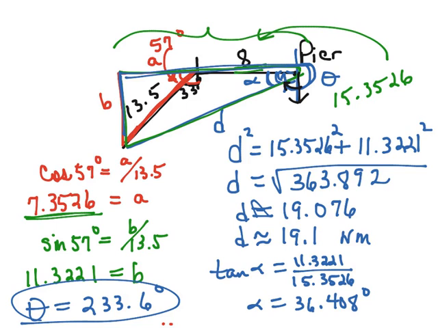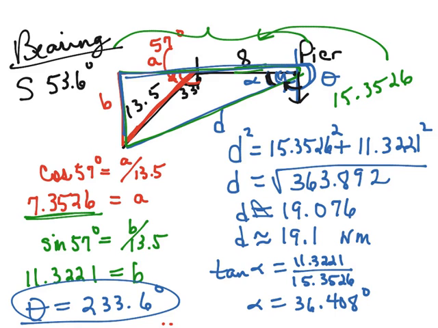So another way that we could say our bearing is we could say we went south, and then if this angle is 36.408, 90 minus 36.408 is 53.6 approximately. So we could say we moved 53.6 degrees west. And that would be another way that we could write the answer for our bearing.